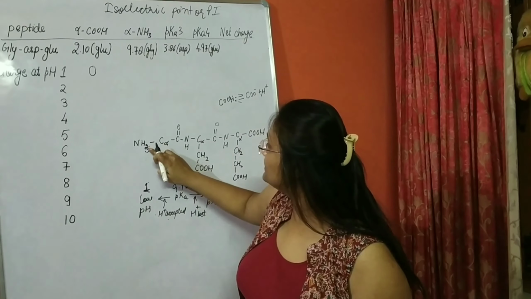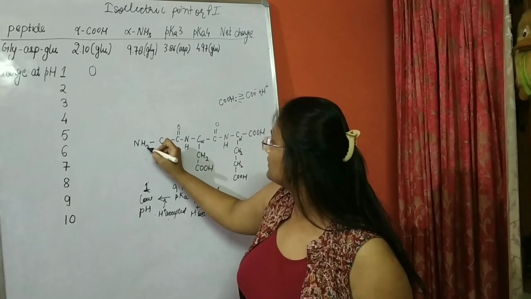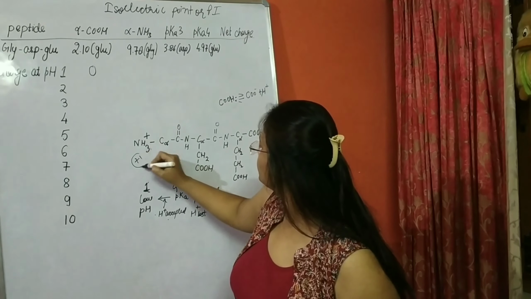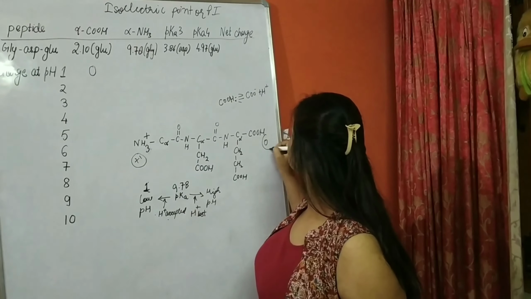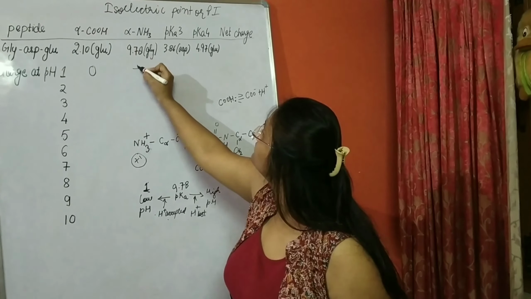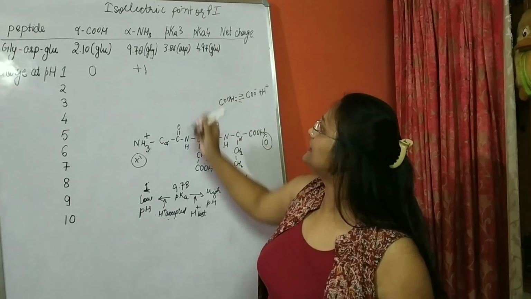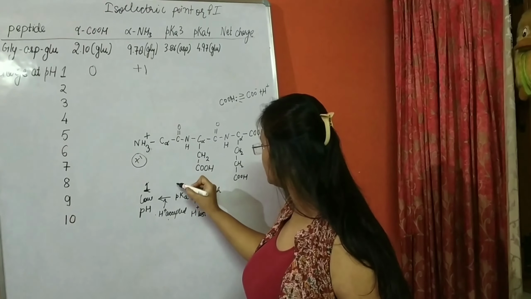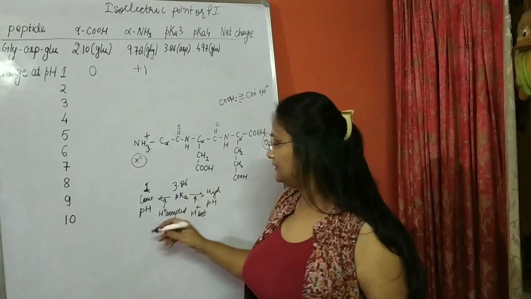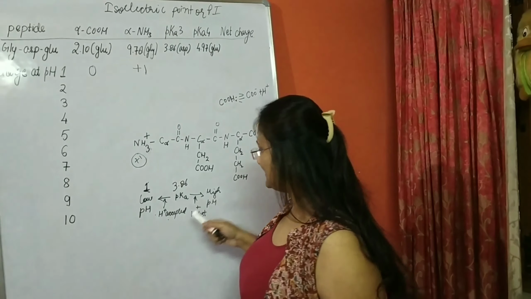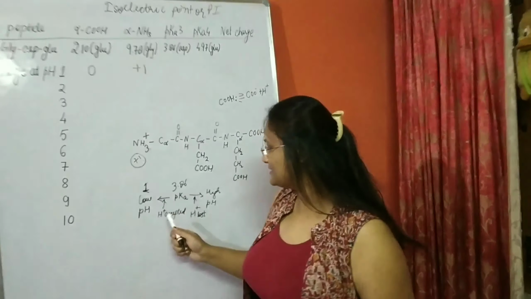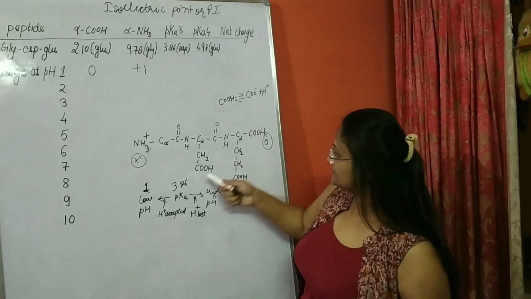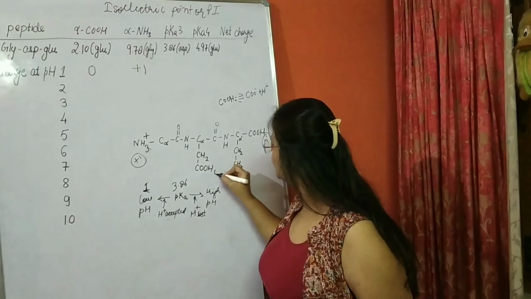It is NH3 plus, so the charge will be plus 1. Here the charge was 0. Now we will consider pKa3, 3.86. Again, the pH at which this peptide is kept is 1, which is lower. So H plus will remain accepted, so it won't ionize like this. It will remain accepted.